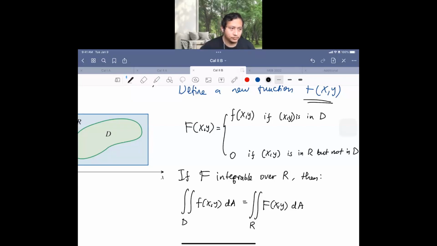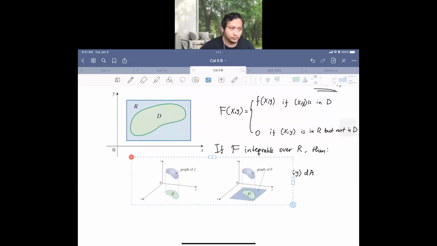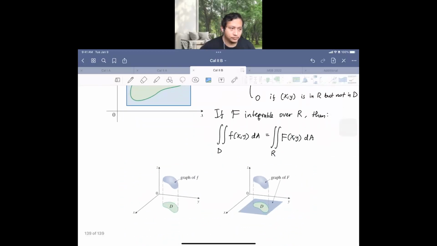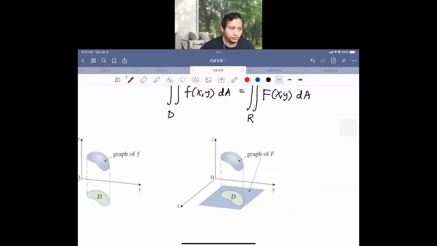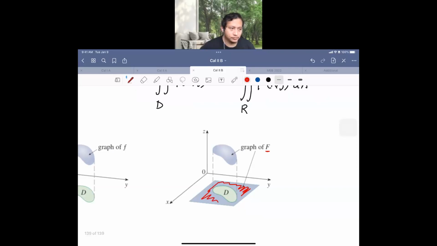So what we are going to look at is another picture, maybe here. This is what we really have. If we take the graph of this capital F, outside of D it turns out to be 0, right?